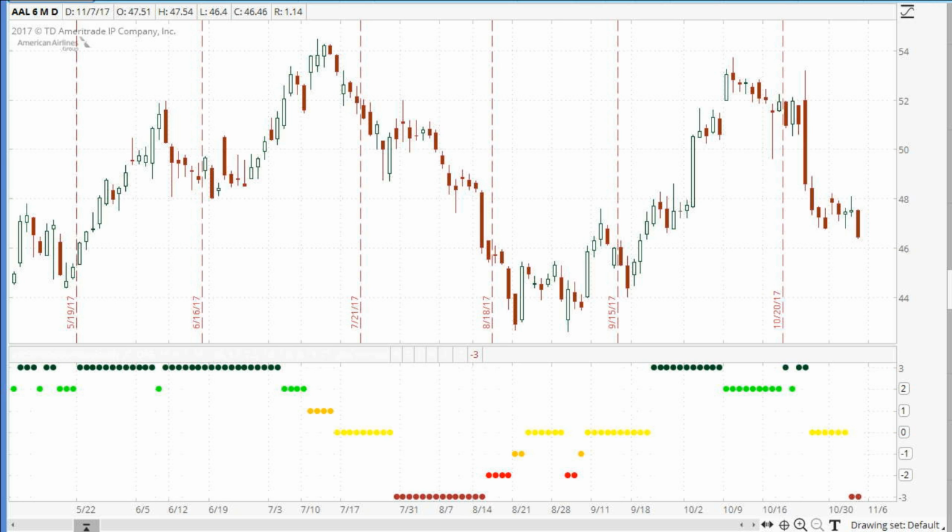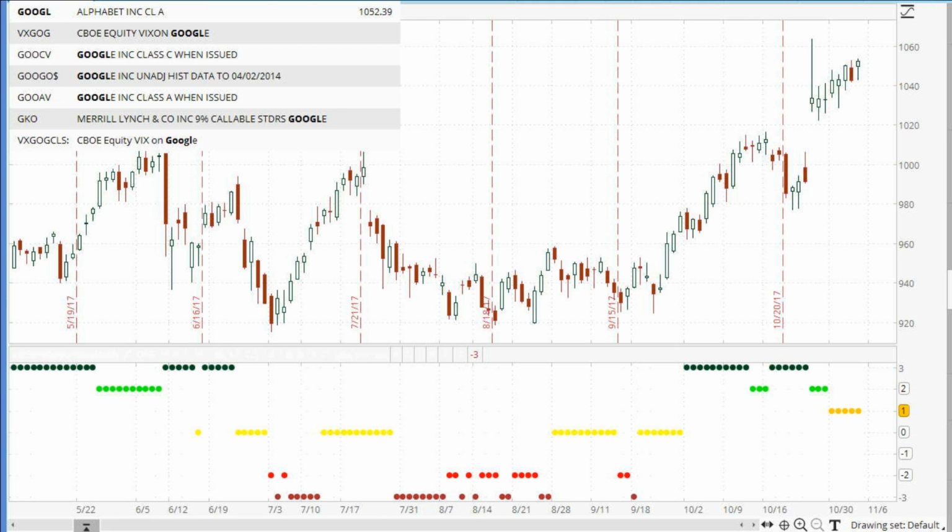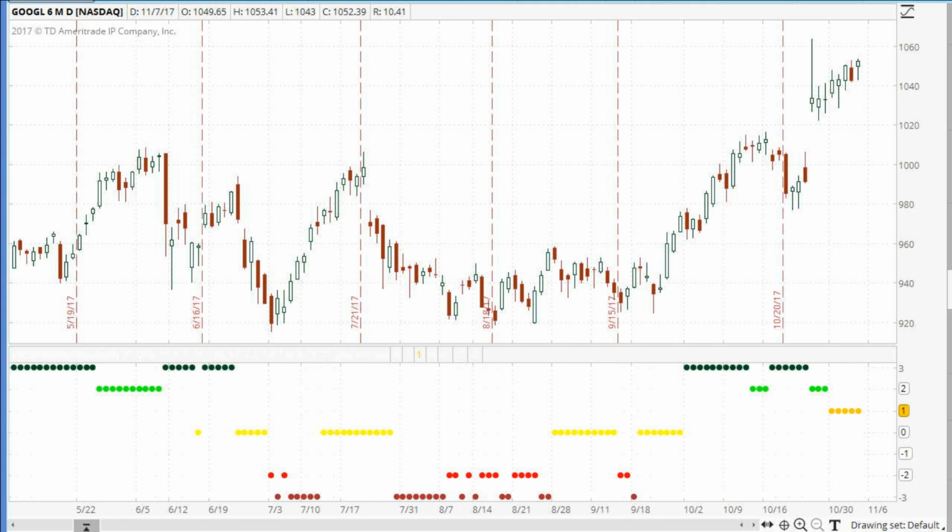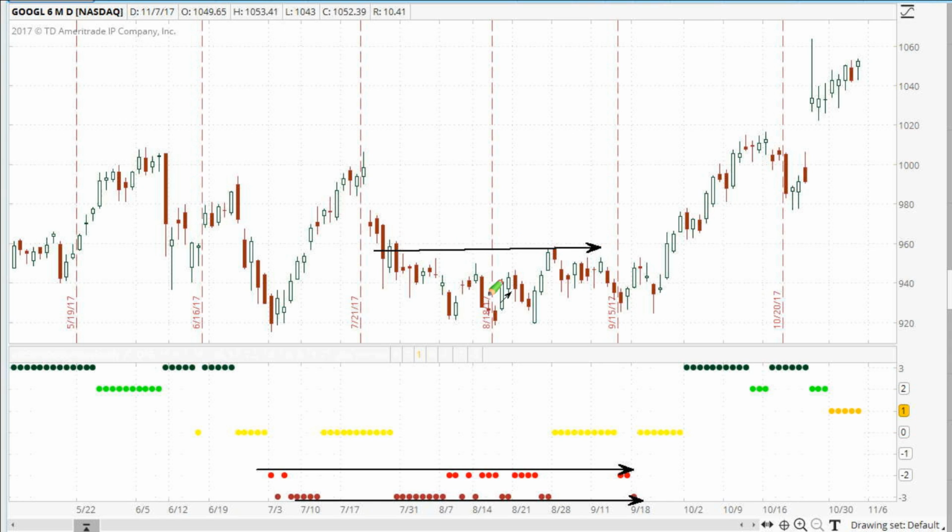Let's take a look at Google, GOOGL. Great readings. I mean, this is just exciting when I look at it. Now, Google was a little bit choppy, right? So you can see right in here, through this period, this was where it was mostly negative. And this is the period right in here where it had a really hard time moving to the upside. It neutralized right in here and went positive right here.